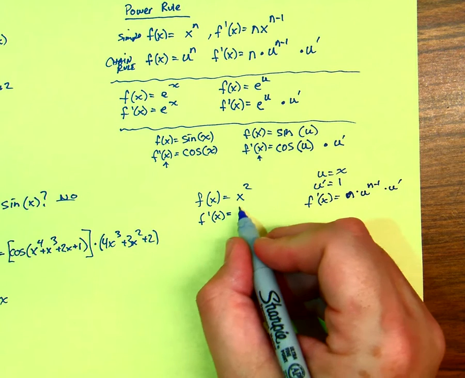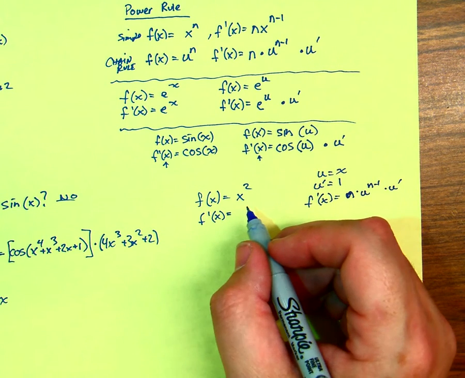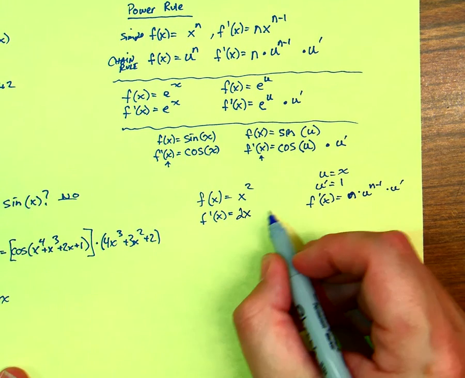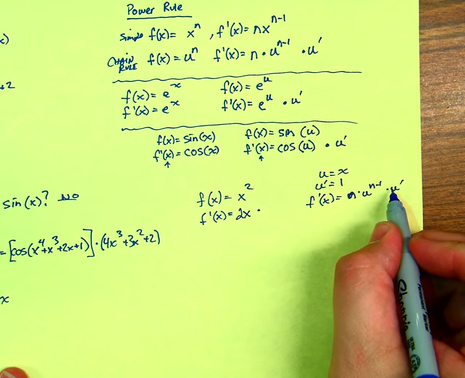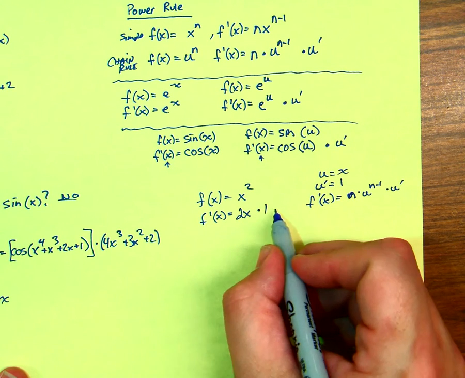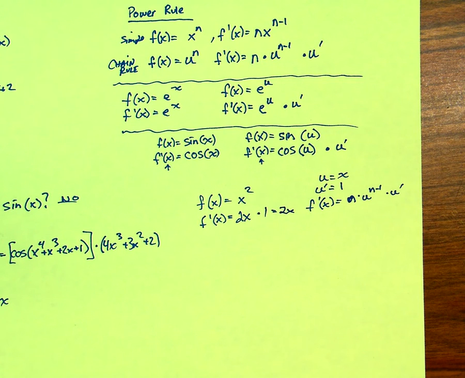So what would be the derivative of this? 2x, right? Now times u prime. What's u prime? 1. So that just is 2x. And I think I said this earlier, but the chain rule happens every time you take a derivative.